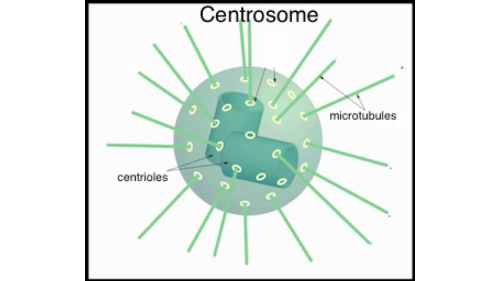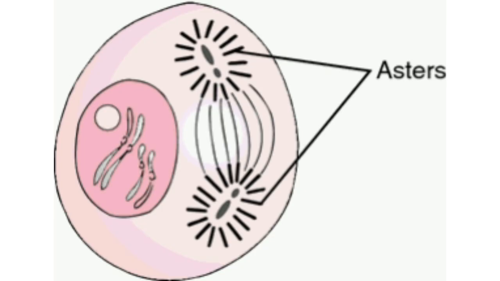Children, now we come across different terms such as centrosome, aster rays and spindle fibers. Do you know what these are? Centrosomes are organelles of animal cells. Centrosomes are made up of centrioles. Then aster rays. What do you mean by aster rays?